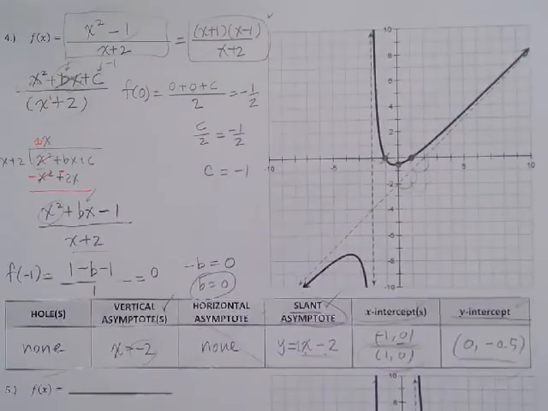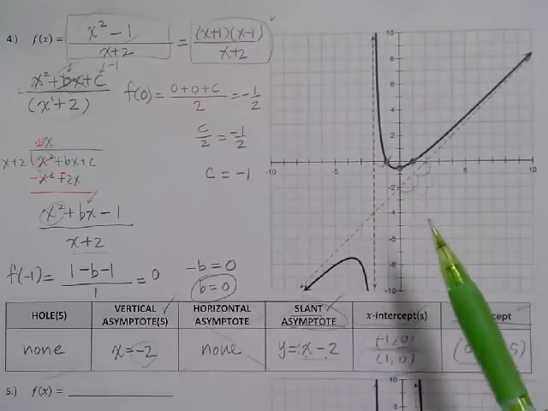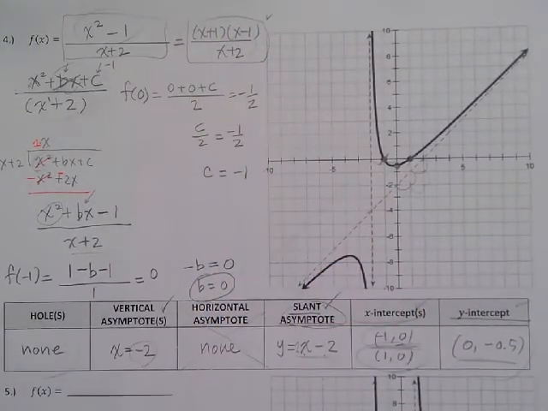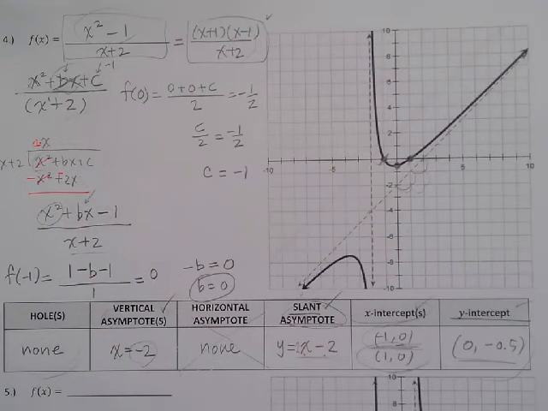Done. Look, this weird shape of graph was from this weird shape of equation. Everything is weird. I'm done. Any questions? Are we getting a better understanding of how to write equations from the given graph?